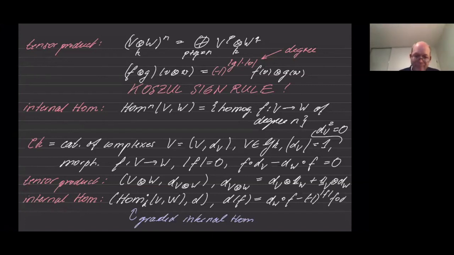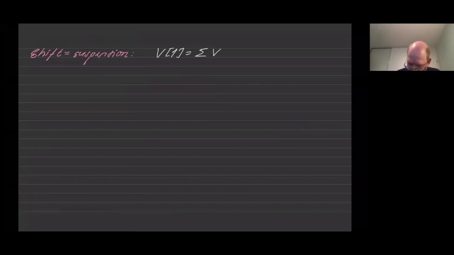Okay, and finally we have the shift or suspension functor, which takes a complex to its shift by 1 unit to the left and changes the sign of the differential.